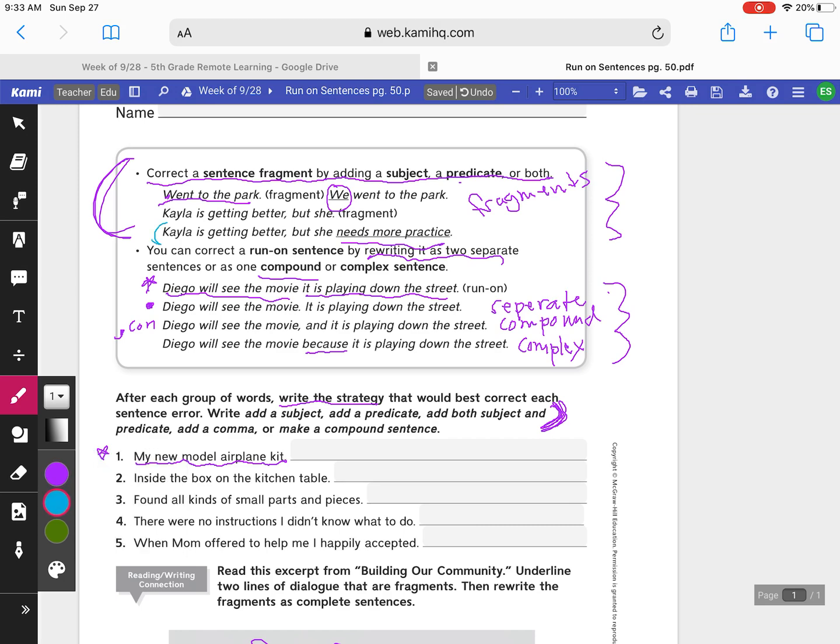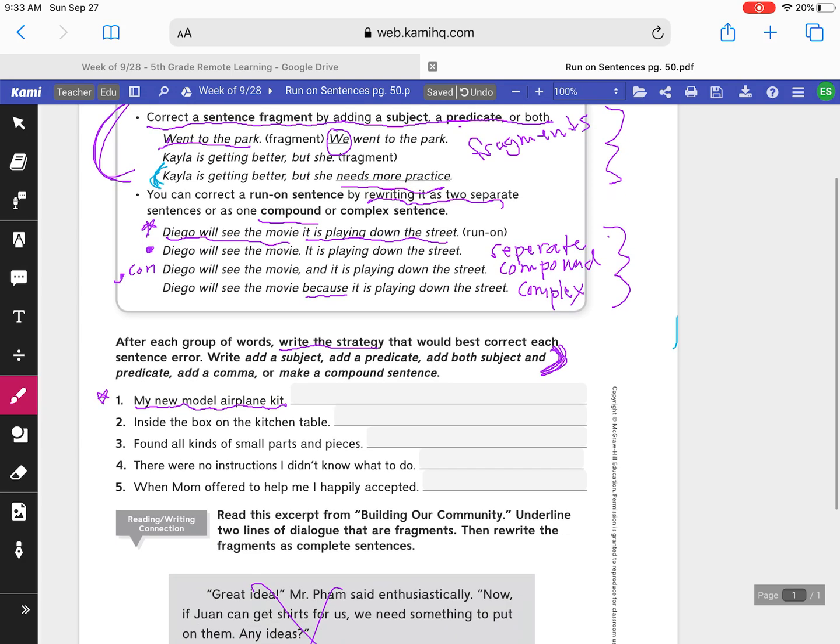That's like this one because there's no end. But she needs more practice. So in this one, what I could do is I could say my new model airplane kit came with a remote. So I'm adding to the sentence in order to make it make sense.